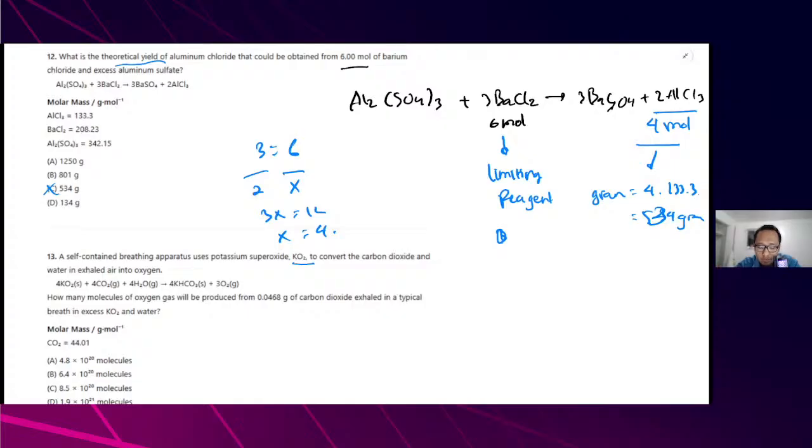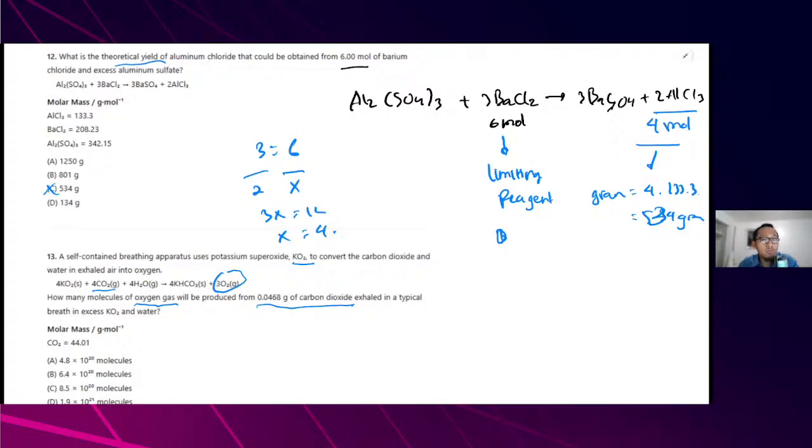Don't be upset because of the question; just focus on the numbers and their values. How many molecules of oxygen gas will be produced from this carbon dioxide coming from a typical exhaled breath, with excess CO2 and water? This one is pretty easy.